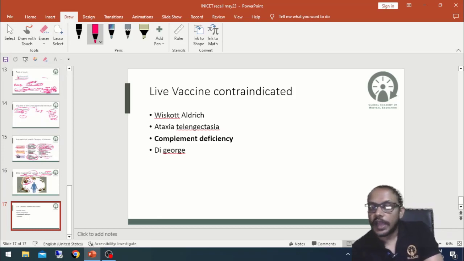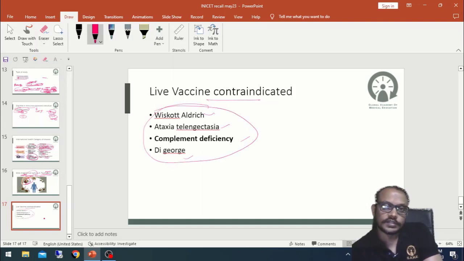Another question was given: live vaccines are contraindicated because these are immunosuppressive diseases: Wiskott-Aldrich, ataxia telangiectasia, complement deficiency, DiGeorge. In two options there was confusion, Wiskott-Aldrich and complement deficiency, because Wiskott-Aldrich has somewhat less immunosuppression than DiGeorge, but many literature says that live vaccines should be avoided here, and in complement deficiency live vaccines can be given.